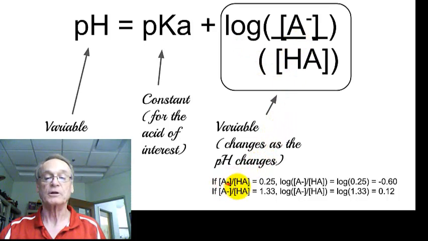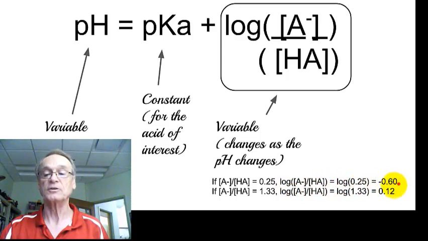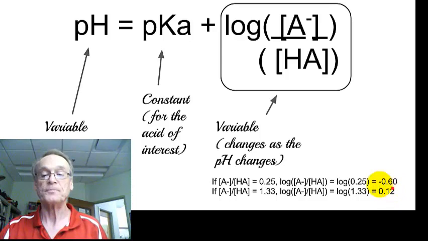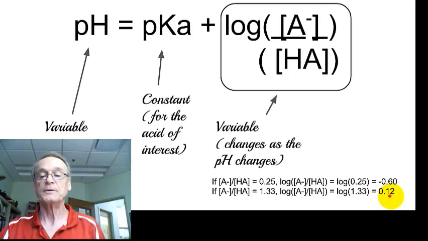So for example, if the ratio is 0.25, then the log of that is the log of 0.25, which if you put it in your calculator, you will see is negative 0.6. Or if that ratio happens to be 1.33, then the log of 1.33, again, you can put it in your calculator, is 0.12. Notice, just out of curiosity, that if the ratio is less than 1, like for example 0.5, then the log will come out to be negative.